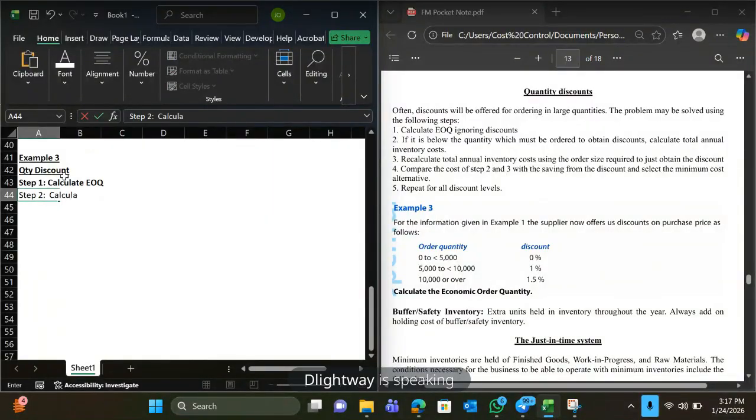Calculate inventory cost for EOQ. For the third step, once you've calculated EOQ, you need to calculate the purchase cost.